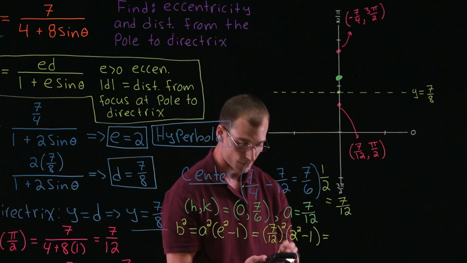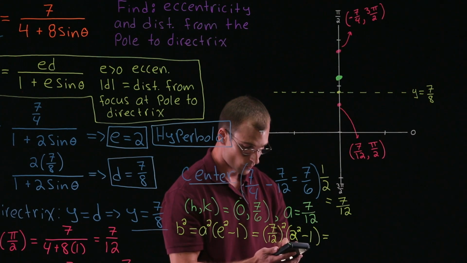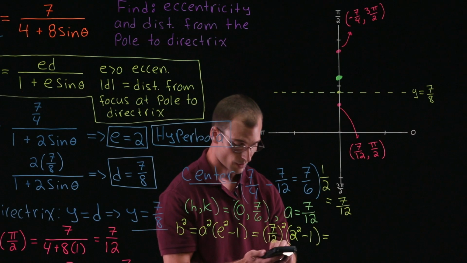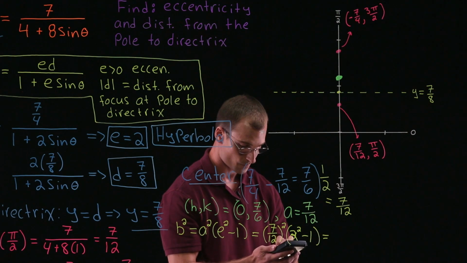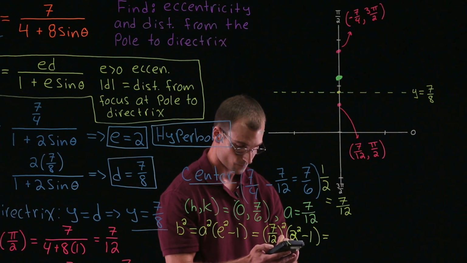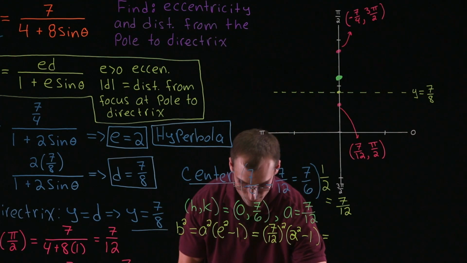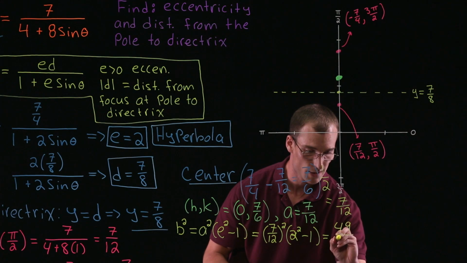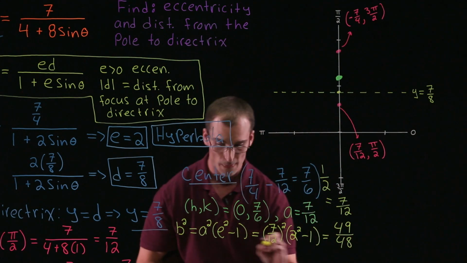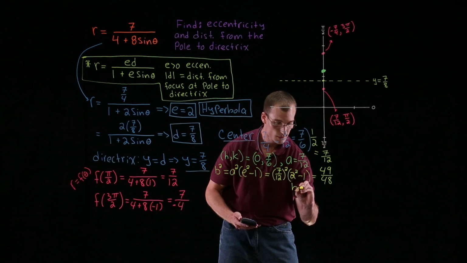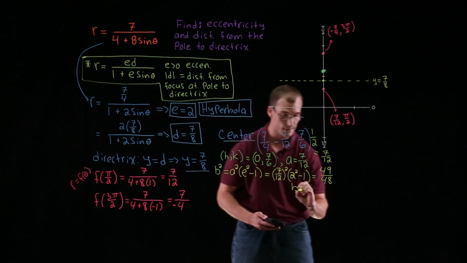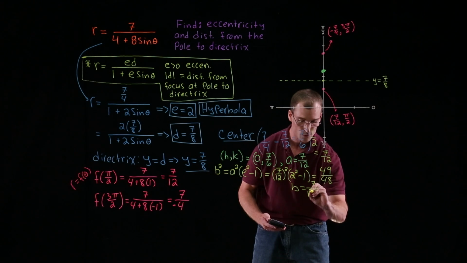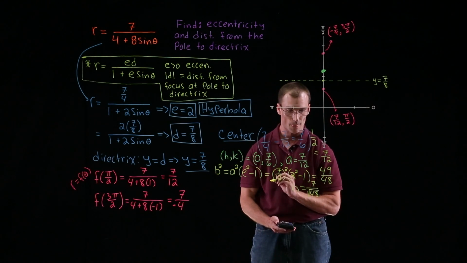To keep things in exact form for now, 7/12 quantity squared times 2 squared minus 1, which is 3, gives us 49/48. Taking the square root of both sides, b being a distance, so just the positive square root, will be 7 over the square root of 48.